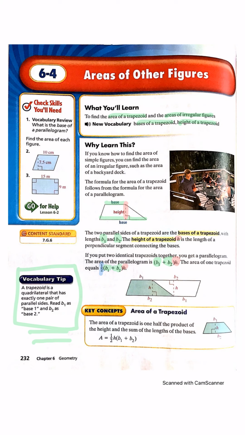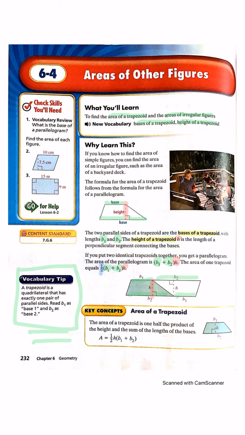And here's a picture that they show for us. So you can see here is base 1, base 2. We're adding those together. The height is going to be right here.